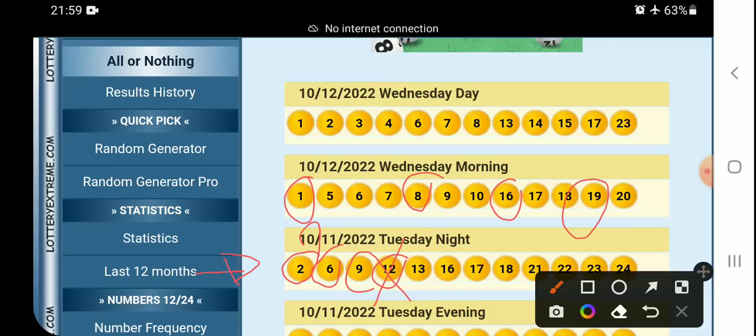We're expecting 22 and 2. The 2 is on top.